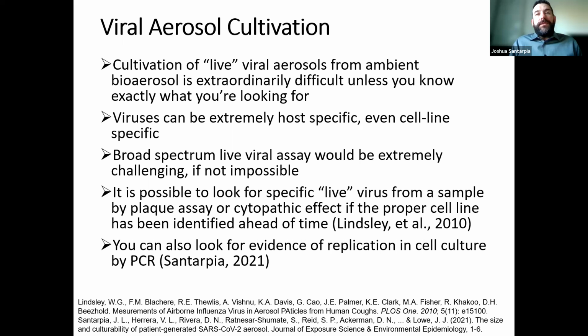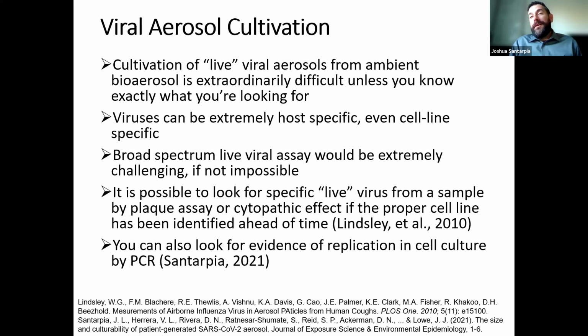Viruses are all extremely host specific, even specific down to the cell lines. What you'll notice with most of the SARS-CoV-2 work along these lines is that it's cultured in Vero E6 cells or some kind of Vero cells, which is a monkey kidney cell, not a human respiratory cell.